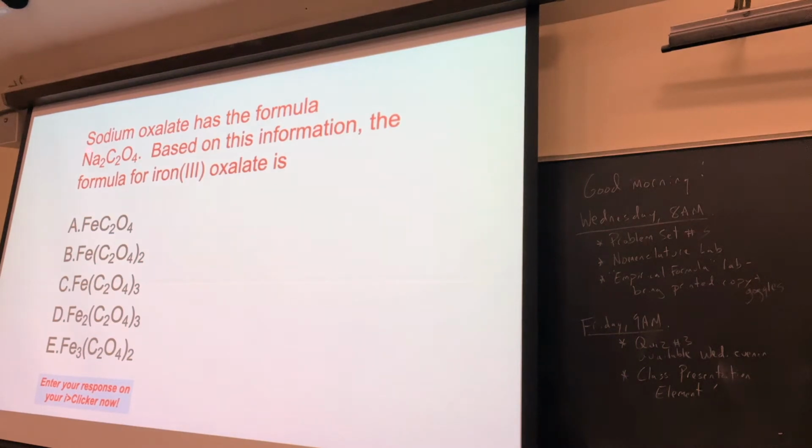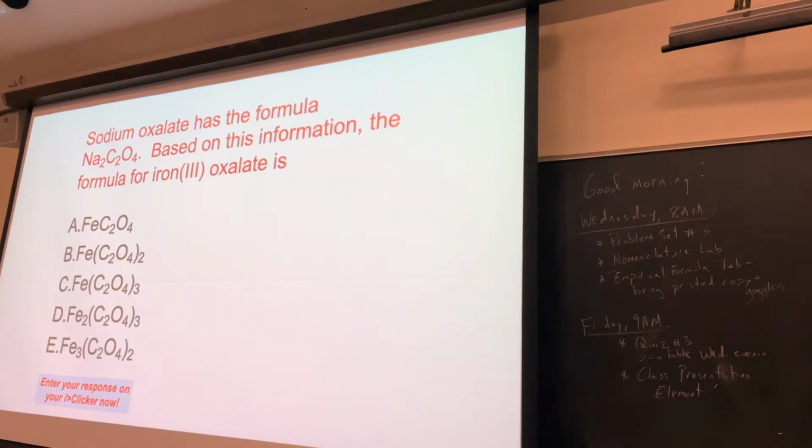So sodium is +1, and there's 2 of them, so that's a total of +2. And the oxalate, the C2O4 thing, gives enough negative charge to balance that +2. So what must the charge be on an oxalate ion? -2. Outstanding.